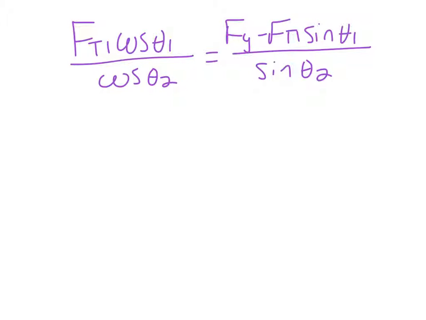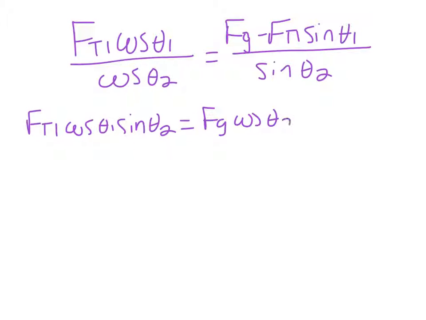So multiplying these sines and cosines out of the denominators, we are left with Ft1 cosine theta 1 sine theta 2 equaling Fg cosine theta 2 minus Ft1 sine theta 1 cosine theta 2. The only unknown here is Ft1, so I'm going to get my Ft1s over to the same side to isolate.